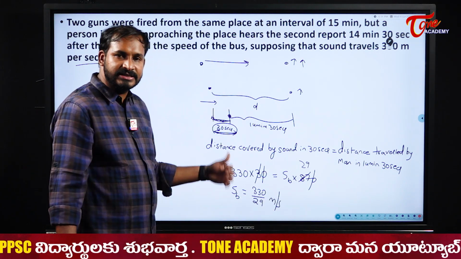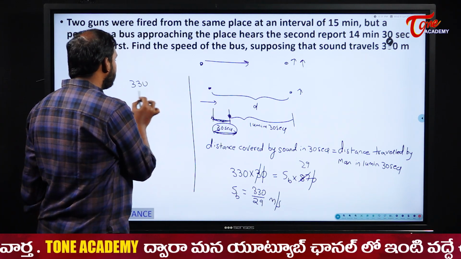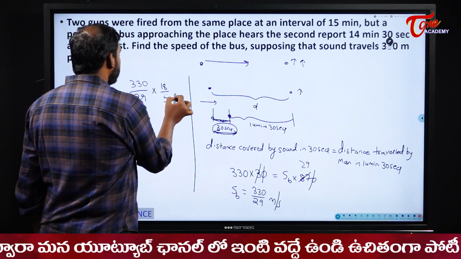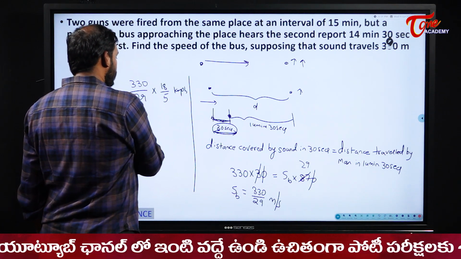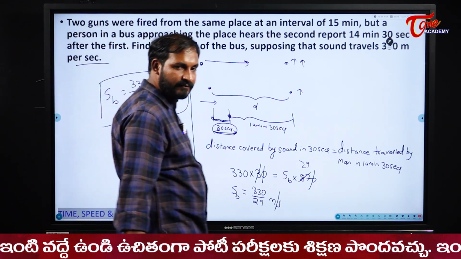Please be careful: if the options are given in kmph, please convert it. What does it become? 330 by 29 into 18 by 5 kmph. That is the speed of the bus. Based on the options given, you can choose the perfect one.